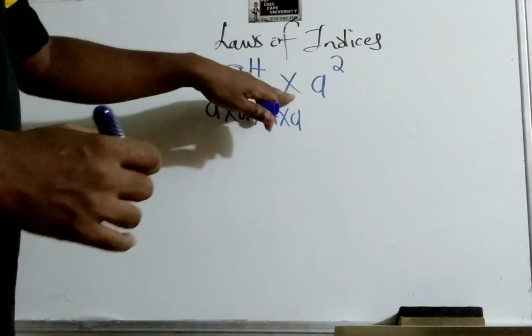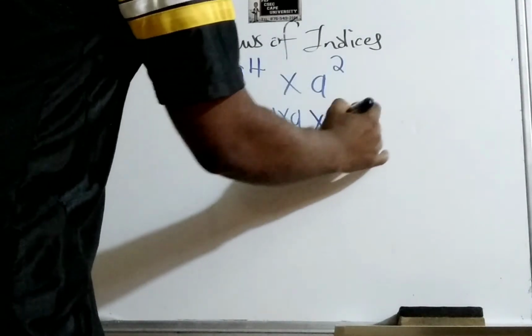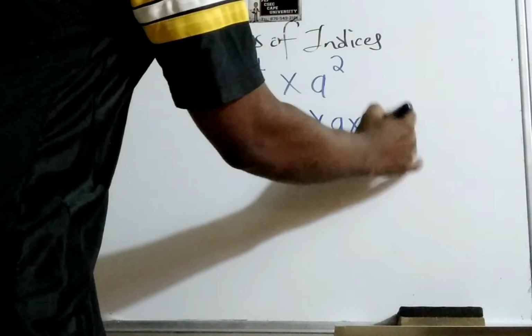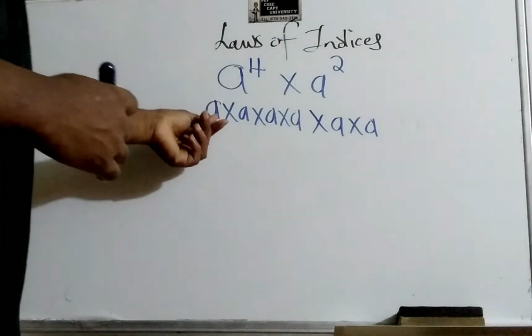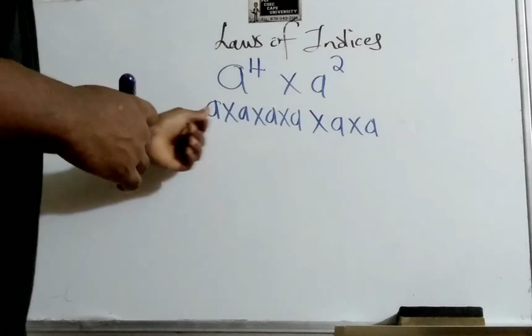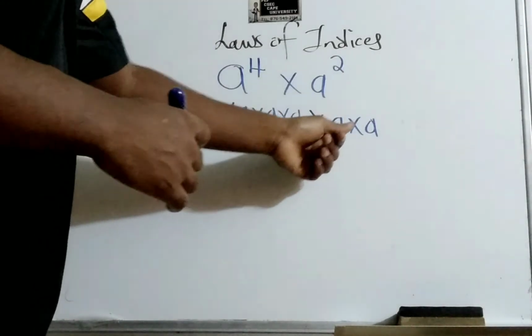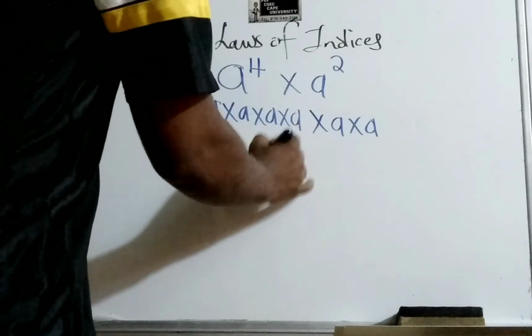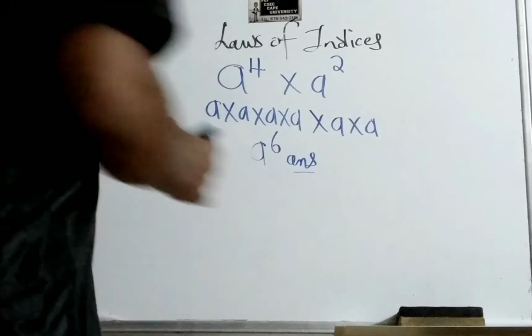And then it's multiplied by a squared, which is 2 times, which is a times a. Now what we can do is just count them and see how many a's. So it will be 1, 2, 3, 4, 5, 6. So it will be a to the 6th power, and that will be your answer.